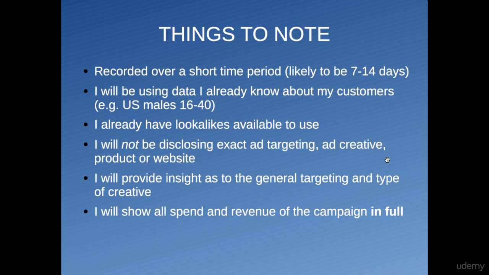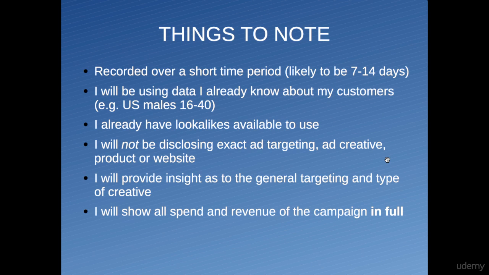I will be using data I already know about my customers. For example, if you are selling a product and you've been selling it for a number of months and you know through your analytics, be it Facebook ads analytics or Google analytics, that your main customer are males in the US between ages 16 and 40, then you would be able to use that data on all your future campaigns.